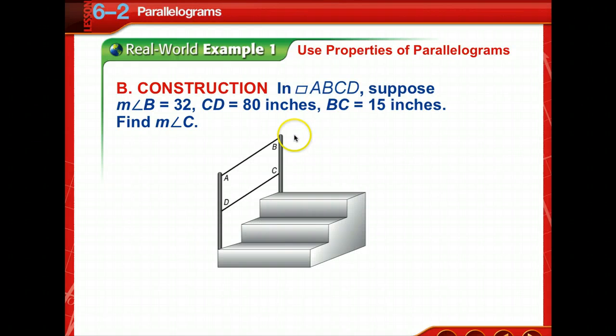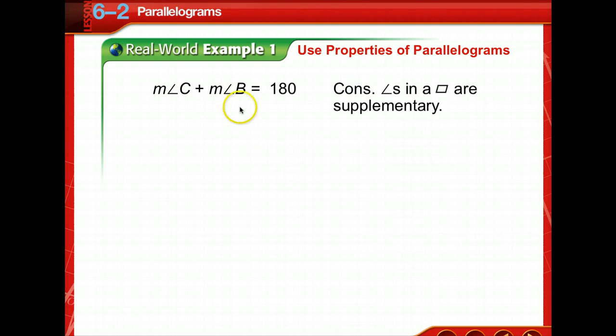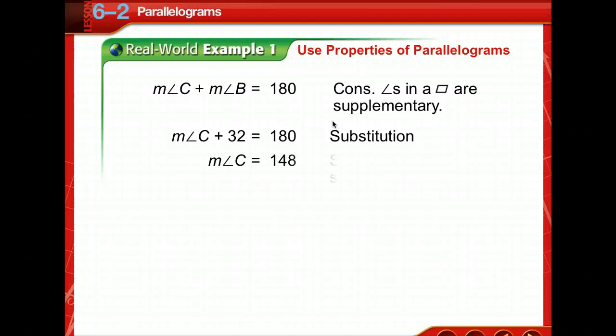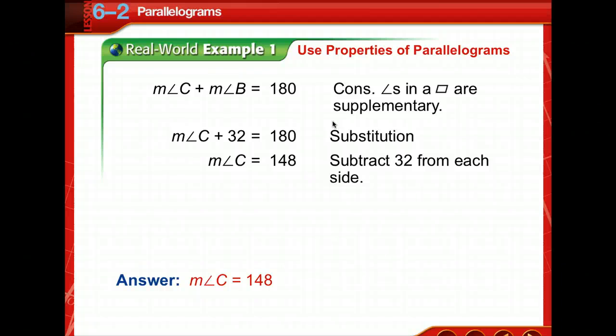Again, we're given the same parallelogram, the same measures, but this time we're asked to find the measure of angle C. Well, the measure of angle C and angle B is 180. You'll notice that in the sketch that you drew in your notes. The measure of angle B is 32. We are told that, so we know that subtract 32 from 180, so the measurement of angle C is 148.